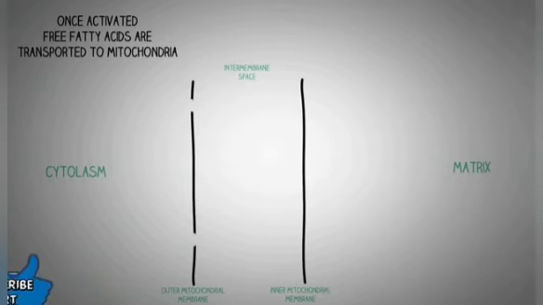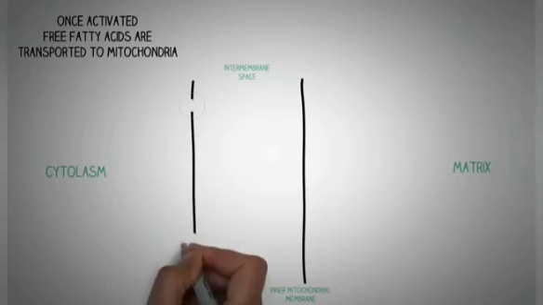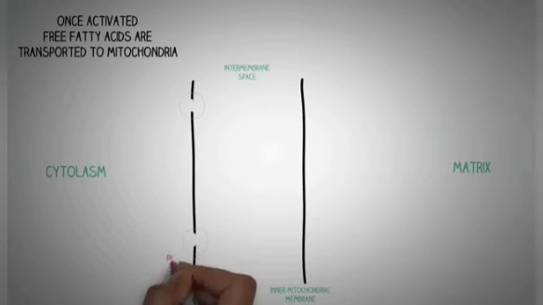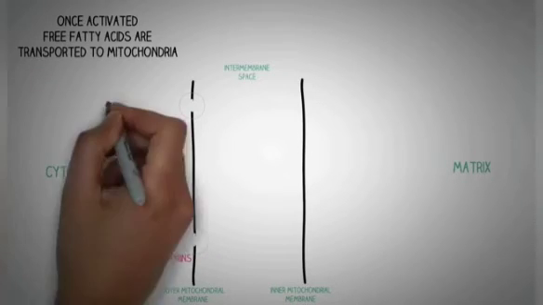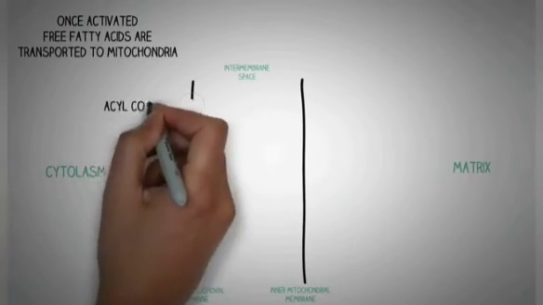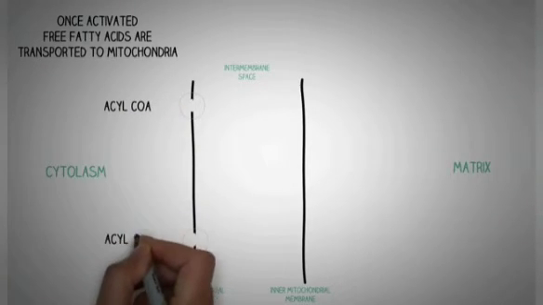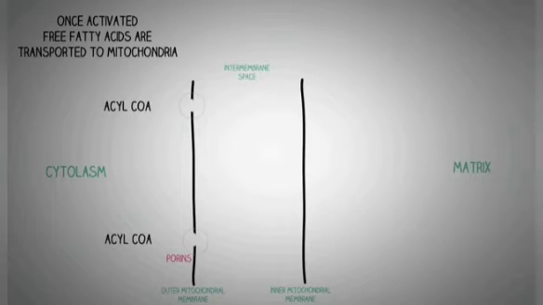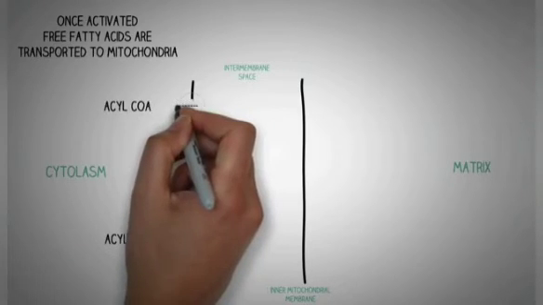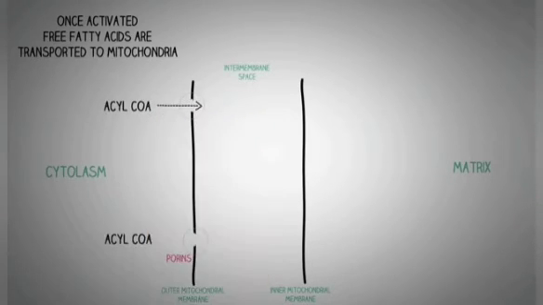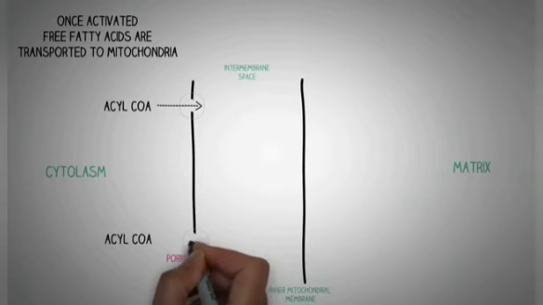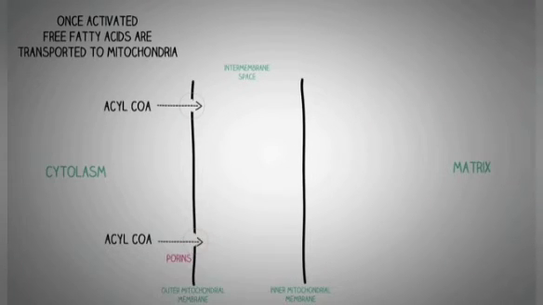The outer mitochondrial membrane contains these small pore-like structures called porins, which make the outer mitochondrial membrane very permeable to many substances including acyl-CoA. So acyl-CoA can freely transport inside the intermembrane space after crossing the outer mitochondrial membrane.